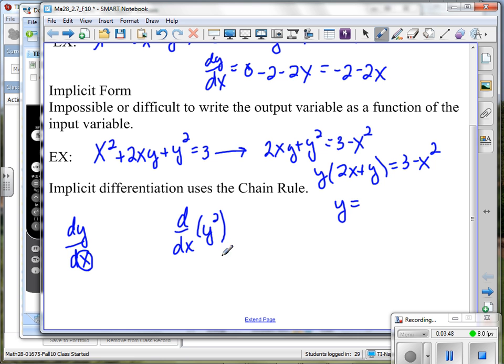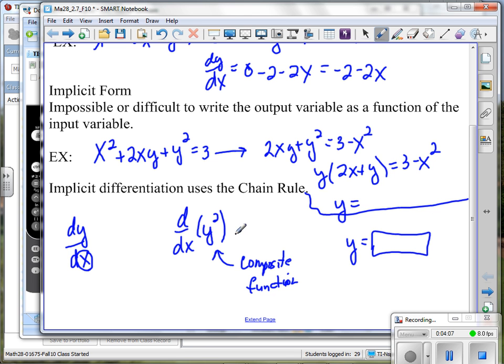Well, what we do is, I look at this as a composite function. It's a very simple composite function, but let's suppose that I could write y as some value, not to be confused with what we have up there. If I could write y equals something, then I would have this quantity squared, a composite function.